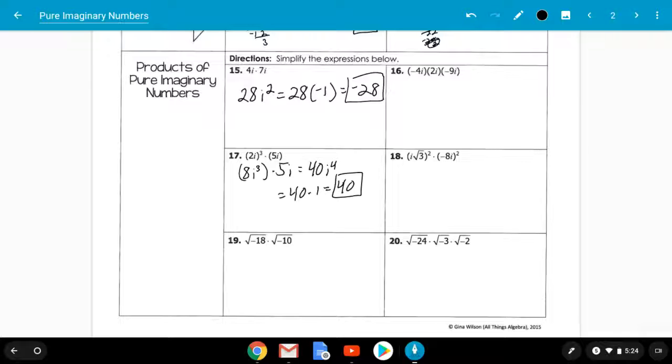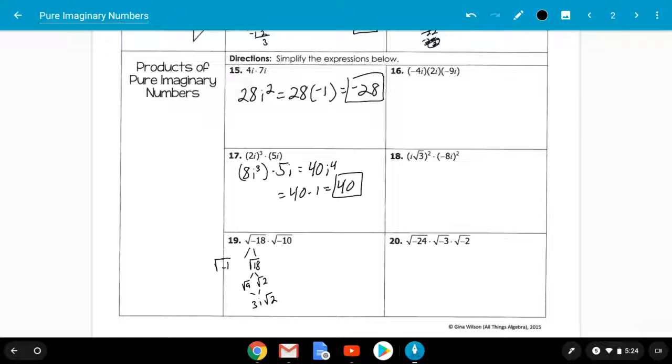So I've got to simplify square root of negative 18, which is the square root of negative 1, and then the square root of 18. Square root of 18 simplifies to square root of 9, square root of 2, and then this would be 3 square root 2, but because we factored out a negative 1, there's an i.